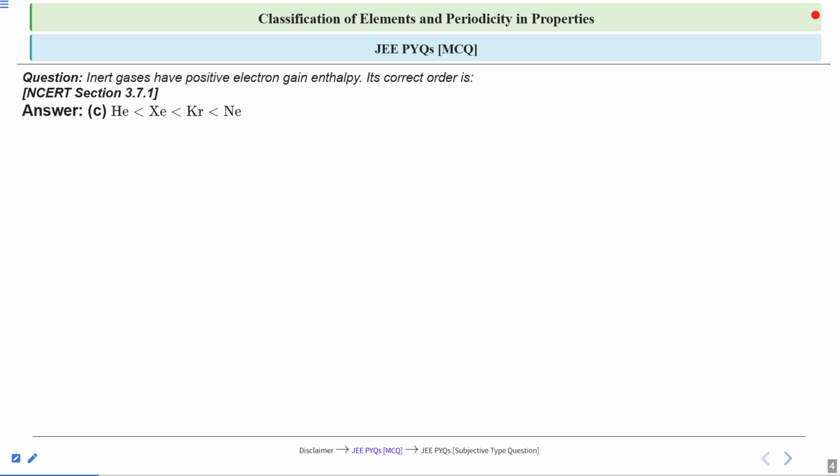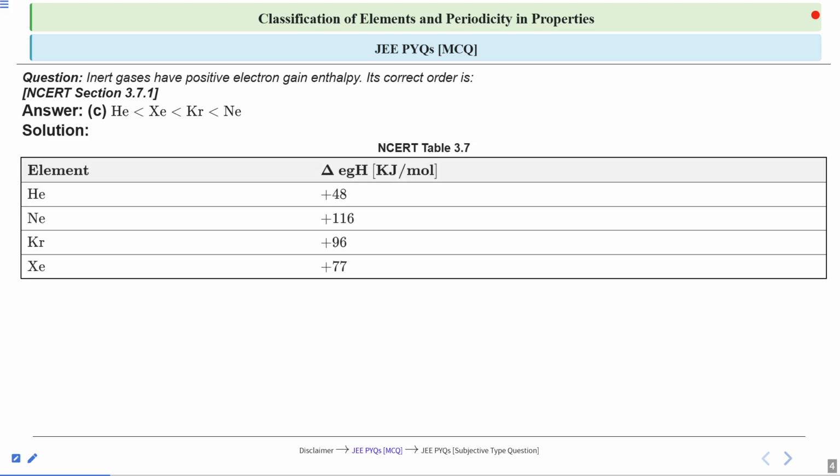Now this may surprise you a bit. To answer this question, I would first refer to the NCERT table 3.7. So there we have the options. For helium, it is plus 48. Then comes xenon, then krypton, and then neon.